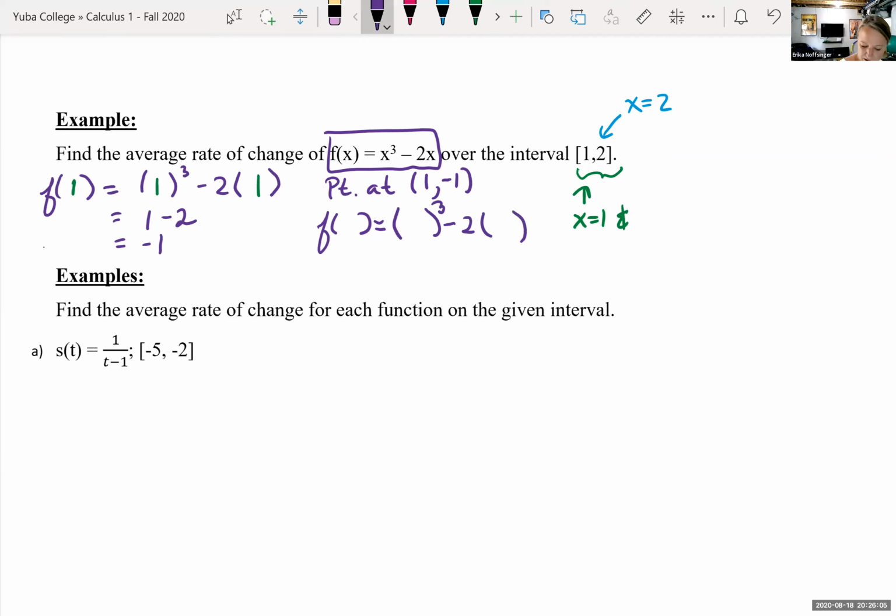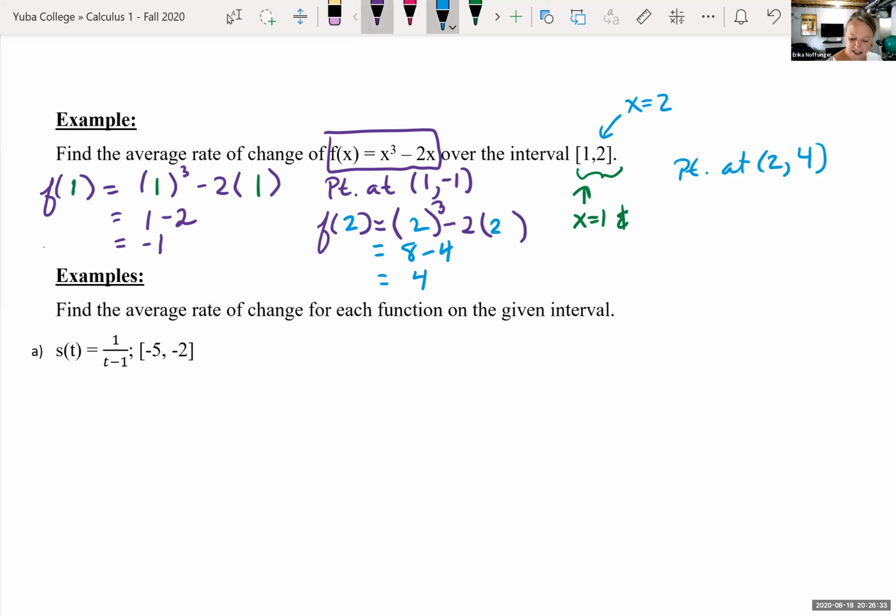And now wherever I see that, I'm going to write a 2. So order of operations, 2 cubed, 2 times 2 is 4, times 2 is 8, minus 2 times 2, which is 4. So 8 minus 4 is 4. So we also have a point, x is 2, y is 4.